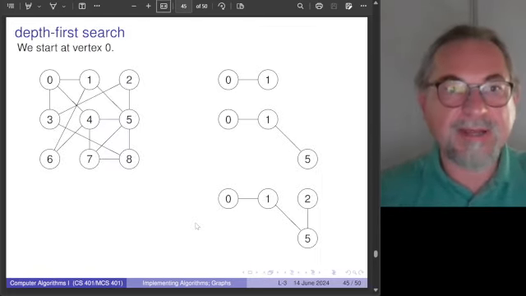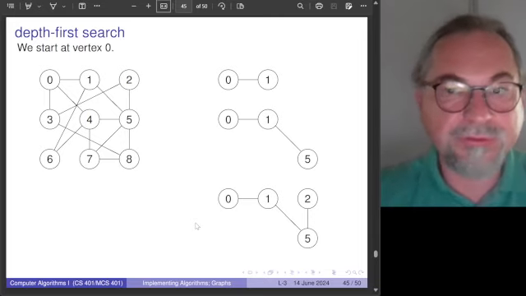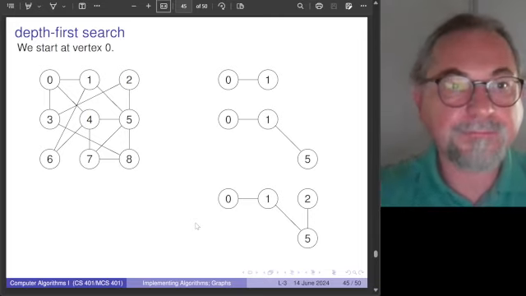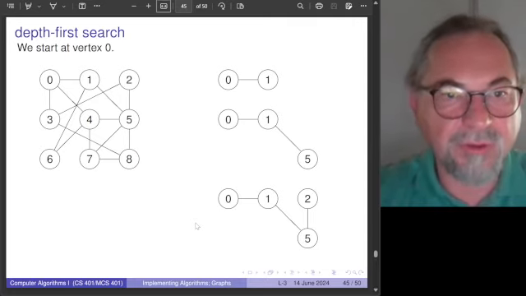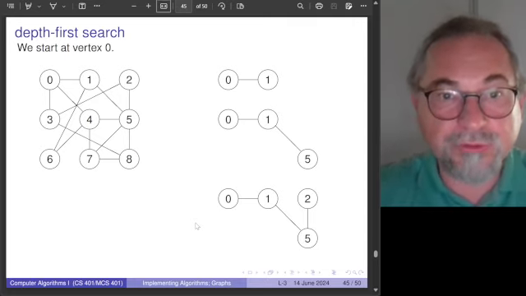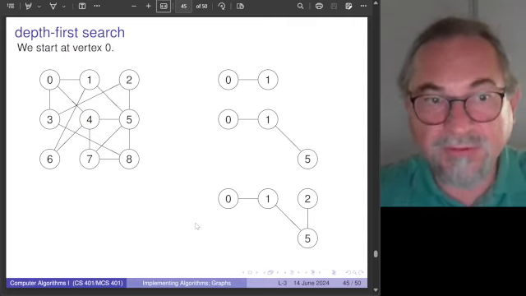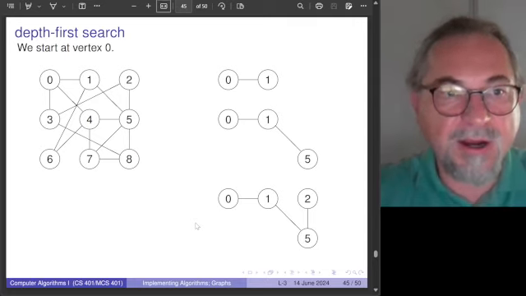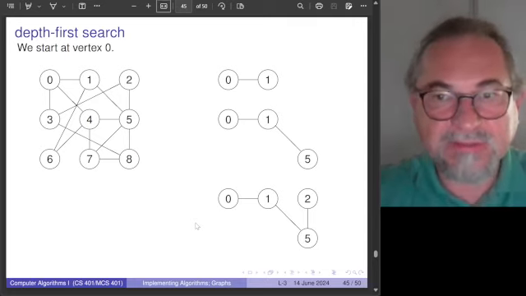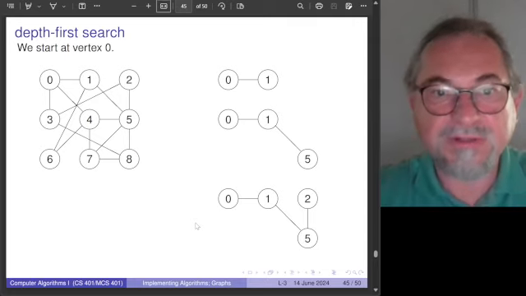Okay, so let's look at an example. We use the same example again, 9 nodes starting at vertex 1. We go from 1 to 0, starting at 0, from 0 to 1. 1 is connected to 5 and 6, so we pick 5 because that's the first one.